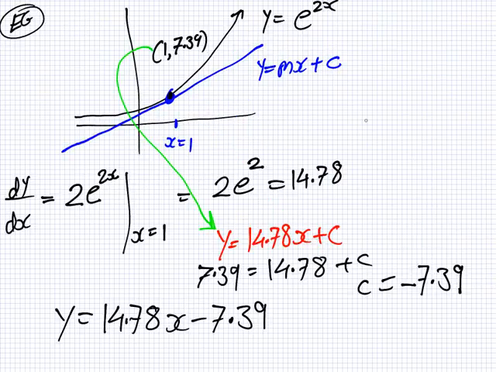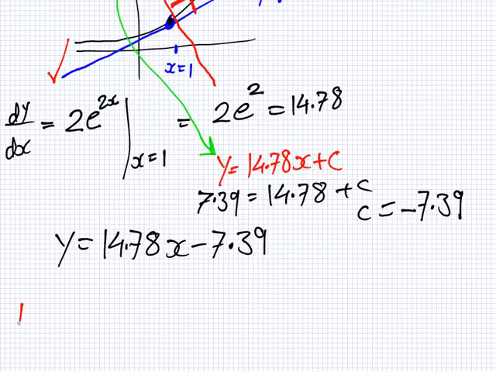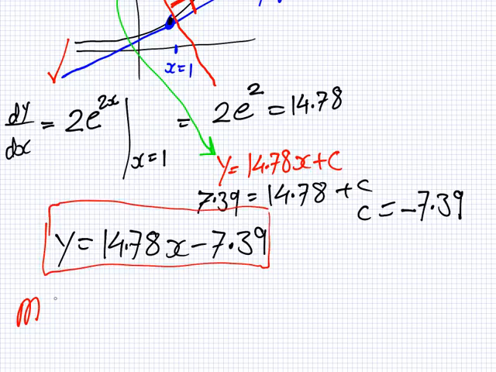Okay. Can I do the next part with the normal? So, if we want the normal, we must find the tangent first, because for the normal, we don't know the slope. But if we know the slope of the tangent, we can know the slope of the normal because it's perpendicular. So what's the slope of the normal?